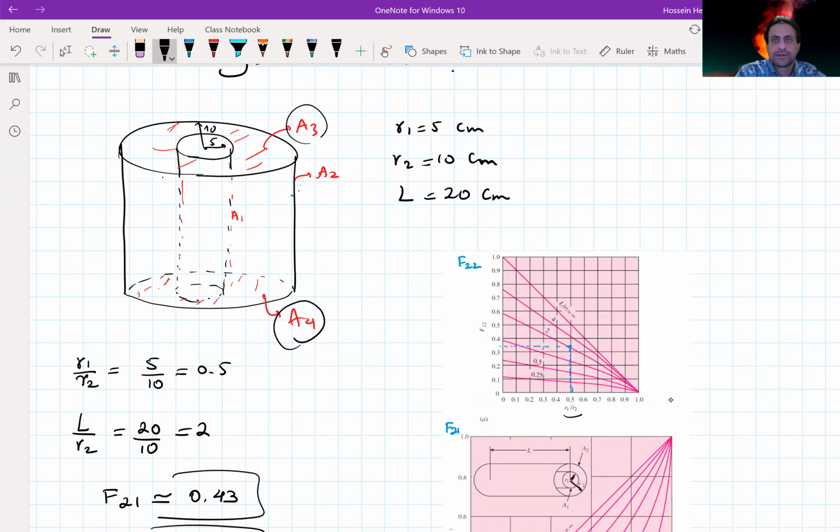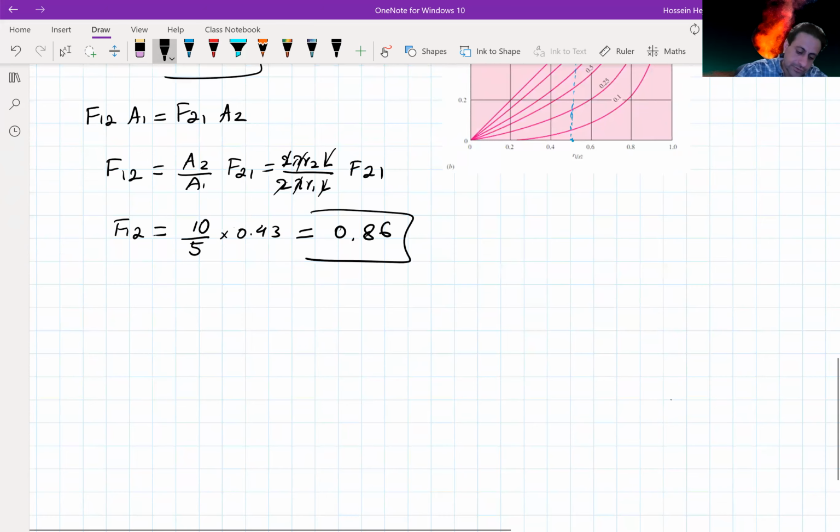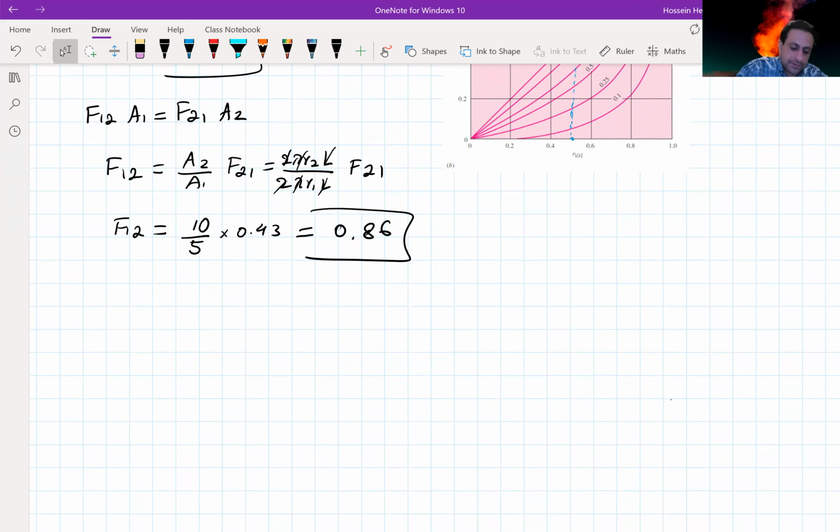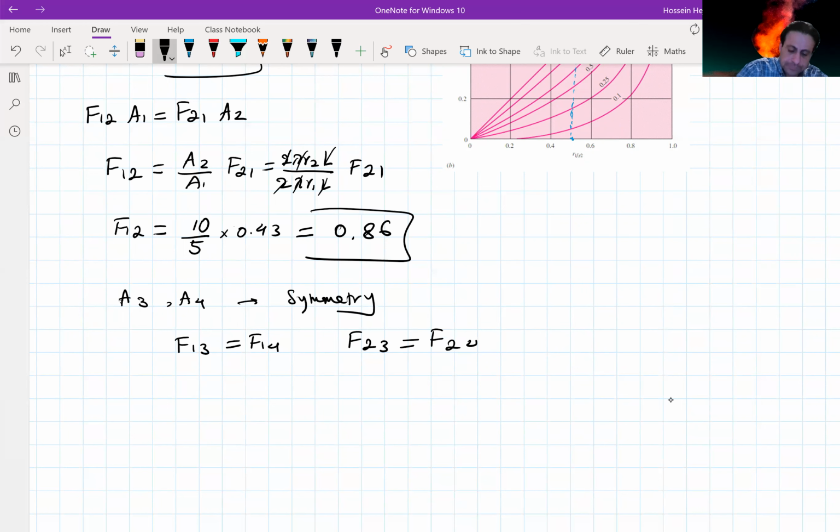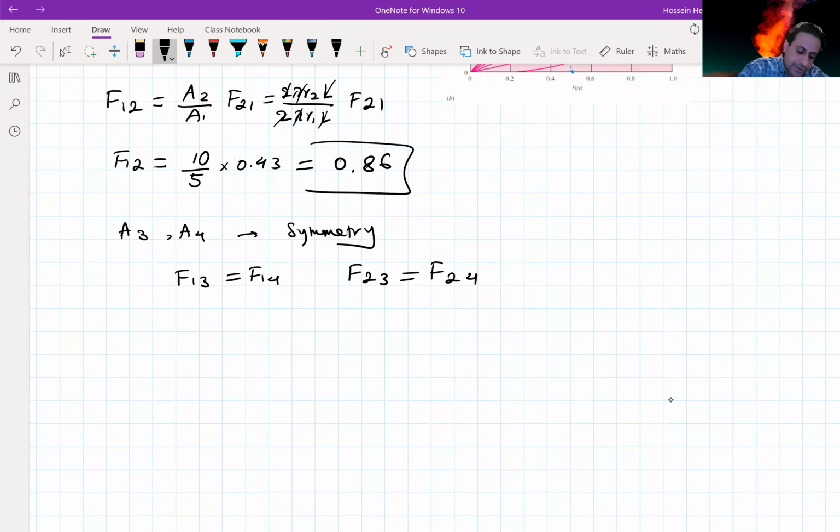Now the surfaces at the ends of the cylinders, surface 3 and 4, are symmetric. So whatever we find for one surface is going to apply for the other one, so we just need to evaluate one of them. What does that mean? F13 is equal to F14, and F23 is equal to F24. Now, if I write the summation rule for surface 1, F11 plus F12 plus F13 plus F14 is going to be 1.